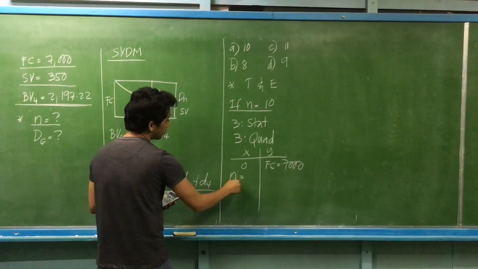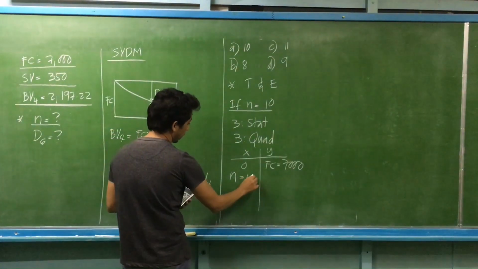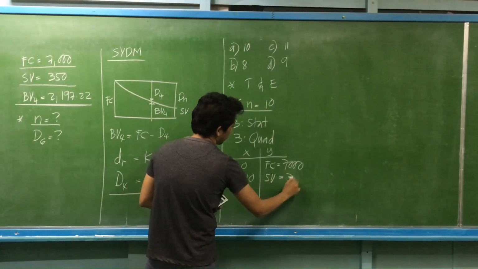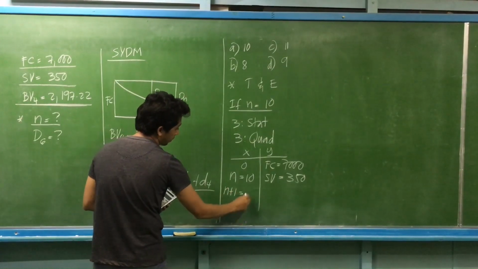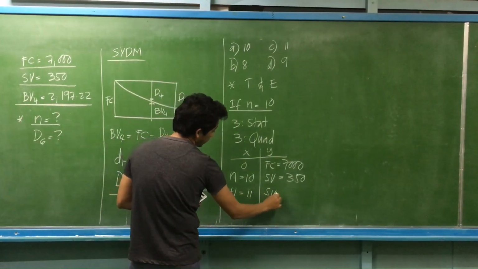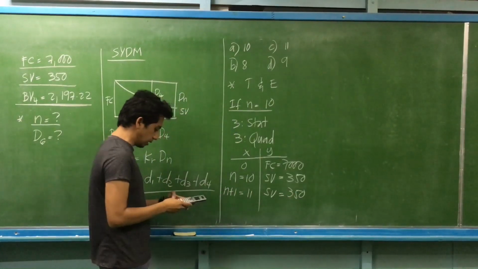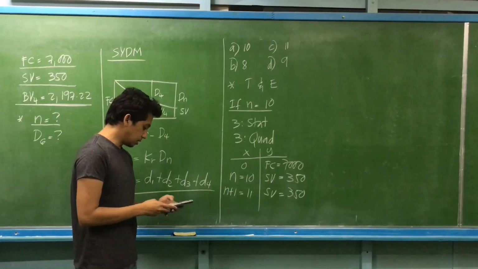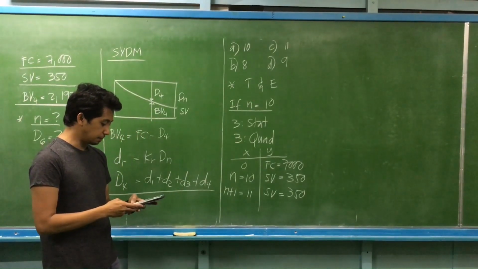Tapos yung n, by trial and error, unahin ko lang si letter A, that is 10. Partner nito is salvage value, which is 350. Tapos yung last row is n plus 1 equal to 11. Partner is salvage value equal to 350. So maglagay tayo ng data, that is 0, 10, 11. Partners niya is we have first cost 7,000, 350, 350.